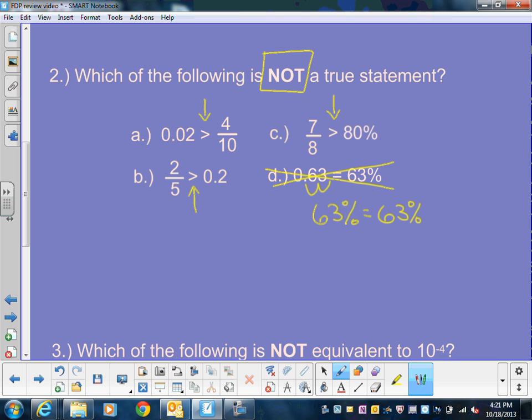Let's look at answer choice C. Given a fraction of 7/8, we can once again go into dividing this fraction out. If we do so, we're going to find out that 7/8 is going to be equal to 0.875.